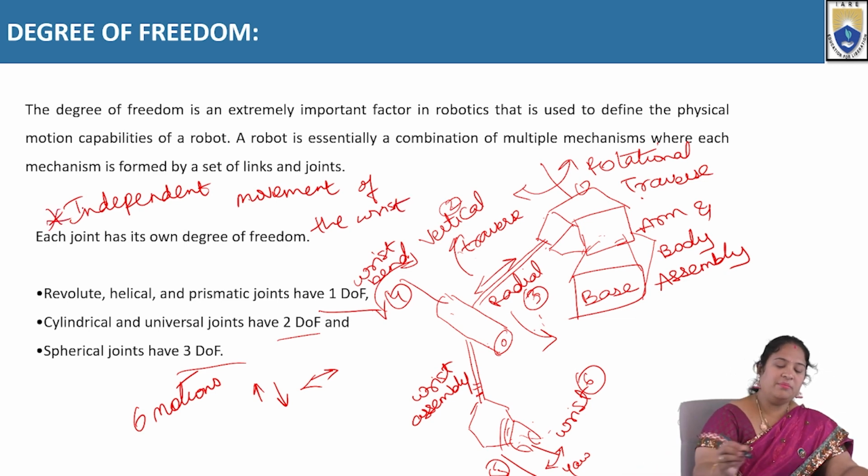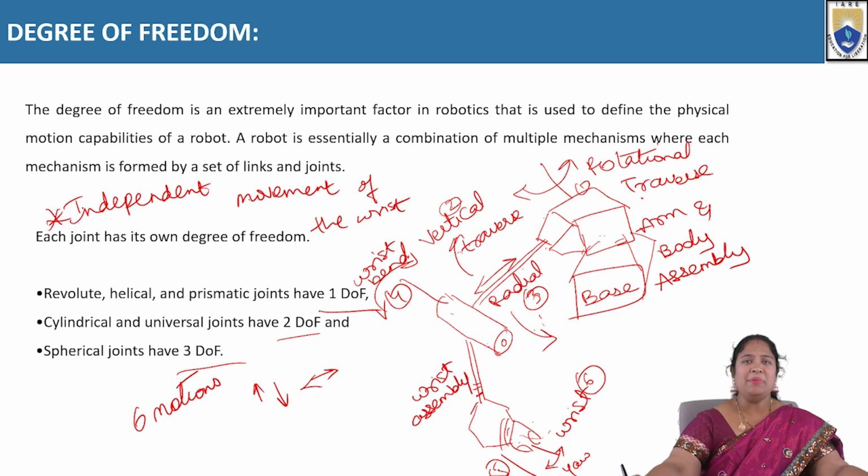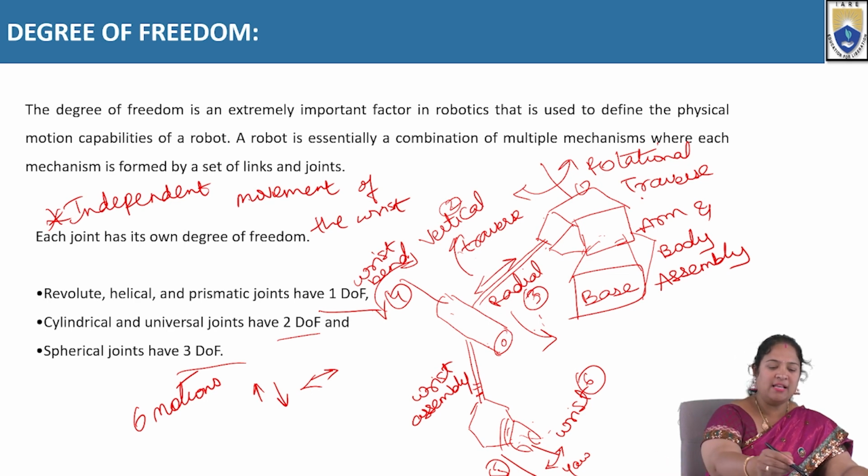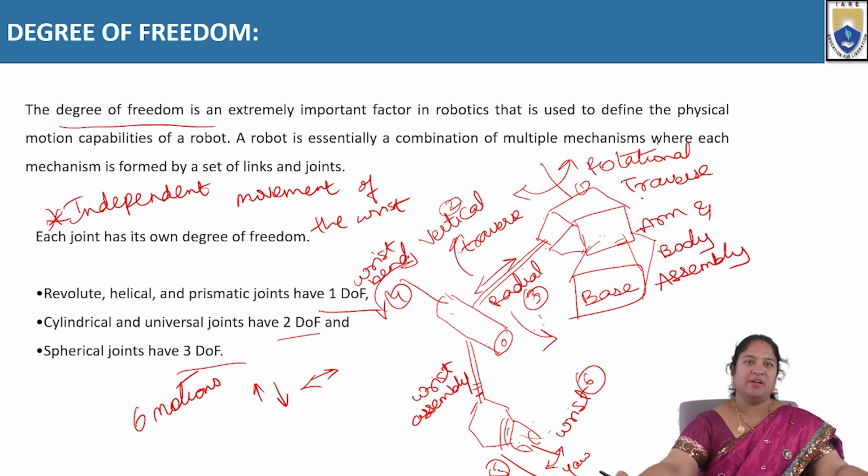A degree of freedom is nothing but an independent movement of the wrist in the three-dimensional space, right? In the three-dimensional space, the independent movement of the wrist which takes place for any particular robot is called degree of freedom, right? So we have seen we have various numbers of degrees of freedom depending upon the type of the joint.